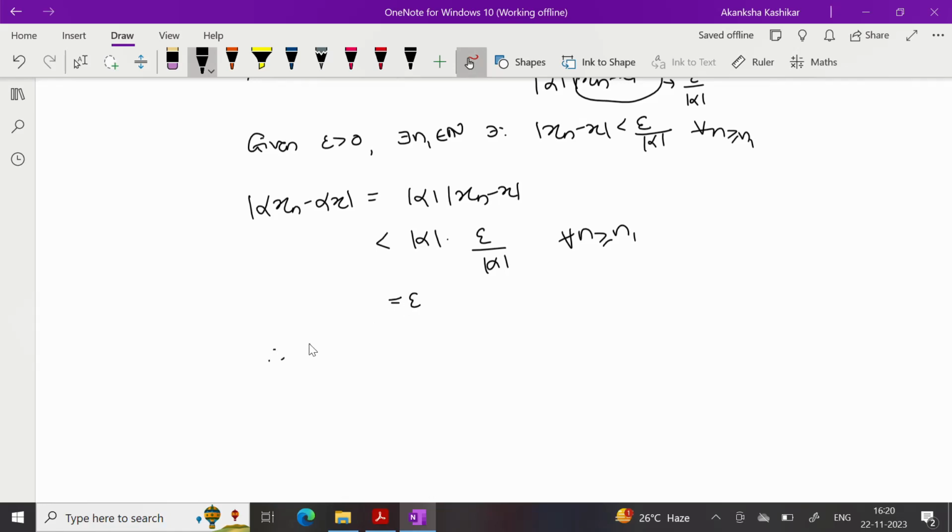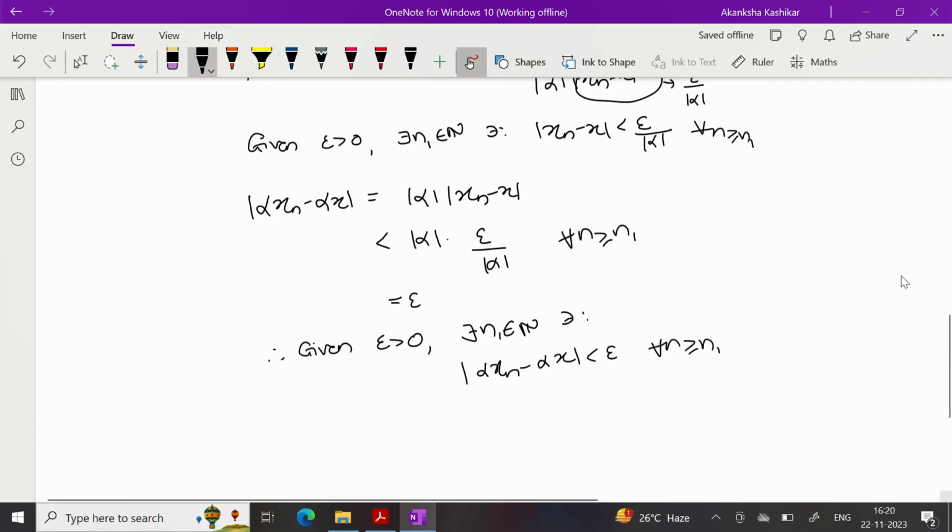Therefore, given epsilon greater than 0, there exists this n1 such that mod of alpha xn minus alpha x is less than epsilon for every n greater than or equal to n1. So we have proved part C of this theorem.